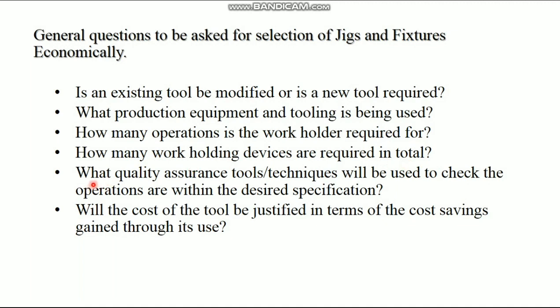What quality assurance tools and techniques will be used to check the operations are within the desired specification? Will the cost of the tool be justified in terms of cost savings gained through its use? So these are the common guidelines for selection of jigs and fixtures.